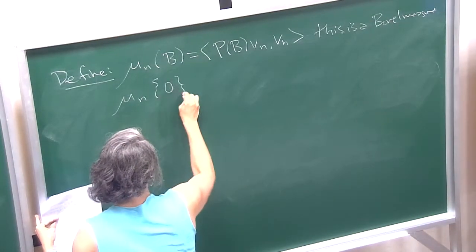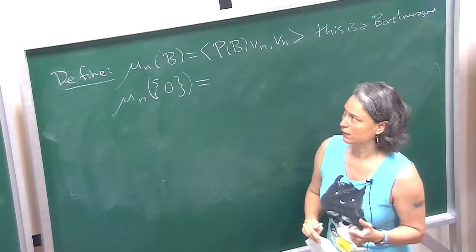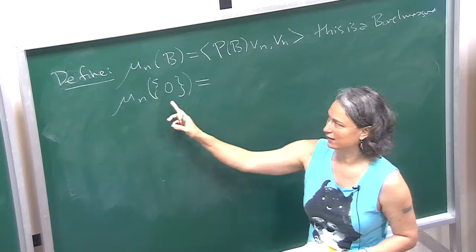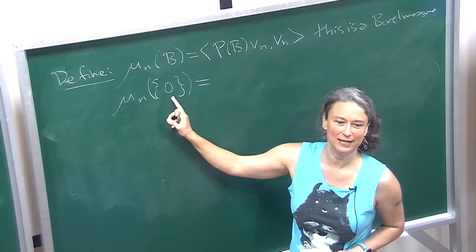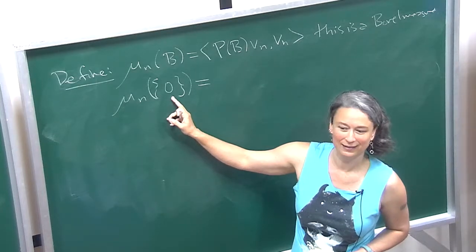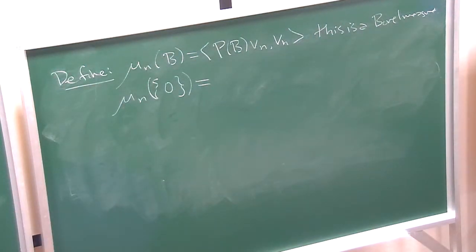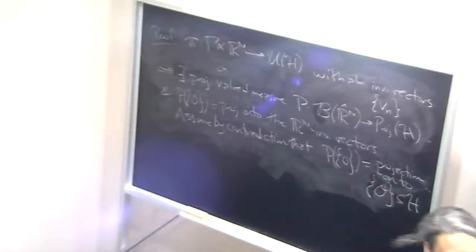How much mass does it give to the 0 set, or the set of the 0 identity element in Rn? Well, I'm supposed to take this projection and hit it against Vn.